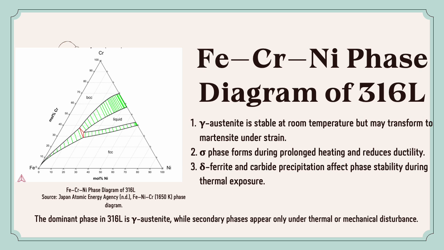Thermal exposure may also promote the formation of delta ferrite and carbide precipitation, both of which can influence phase stability and material properties. Therefore, although several phases can form under special conditions, gamma austenite remains the primary phase in 316L and is mainly responsible for its desirable properties.